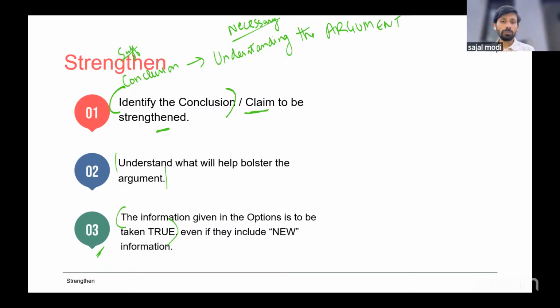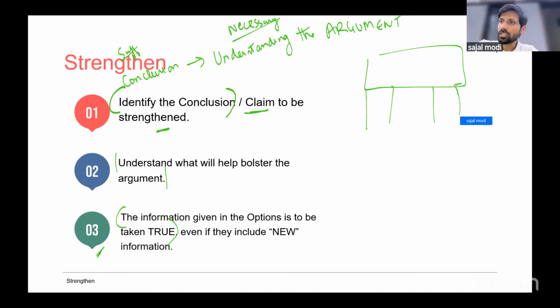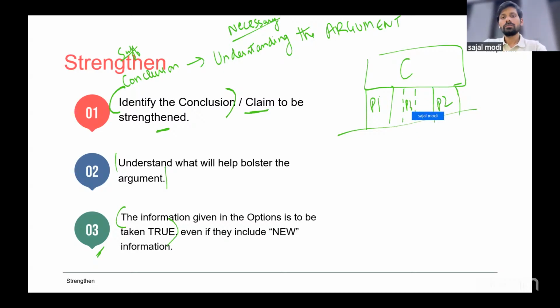So in the options, you can imagine that if I have to strengthen an argument, we said the argument is this conclusion, and there are pillars of support, right? So if I have to strengthen this argument and look for a new pillar of support, I have to rely on something new, some new information in the option.